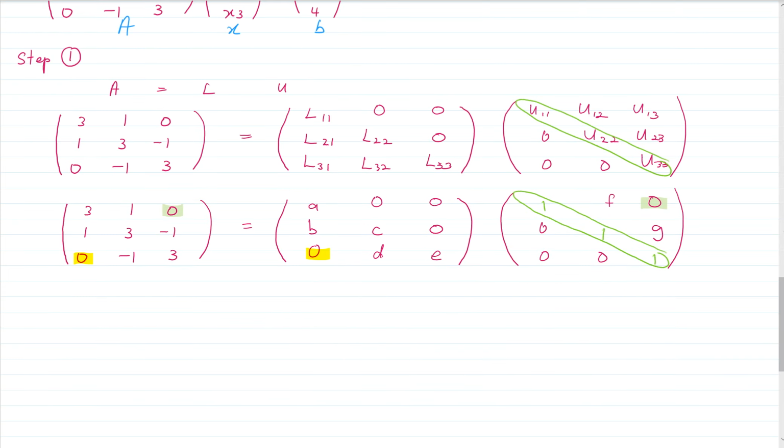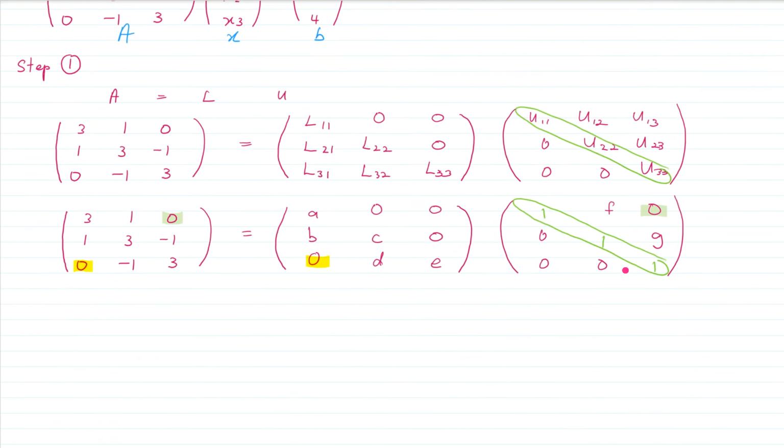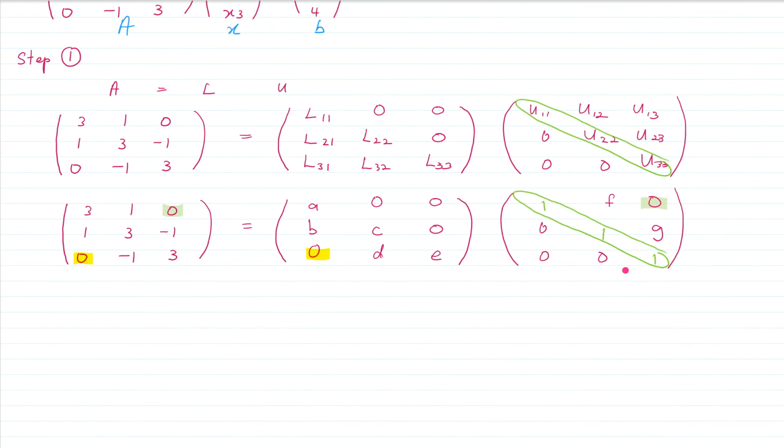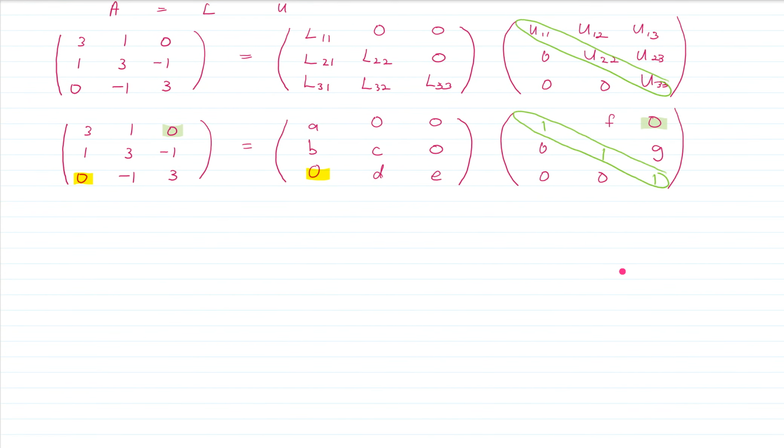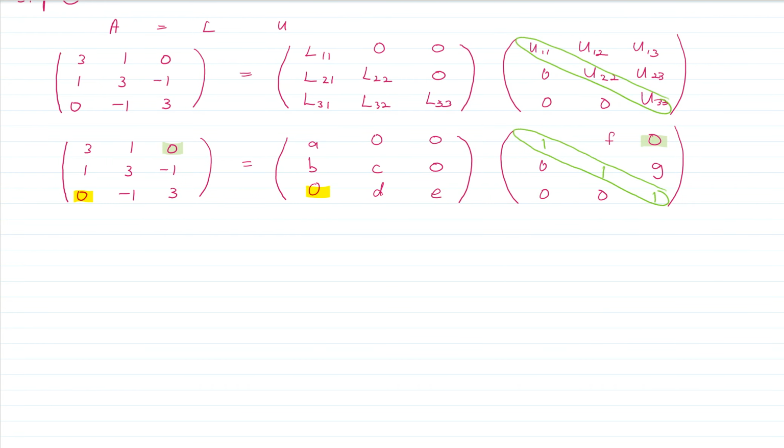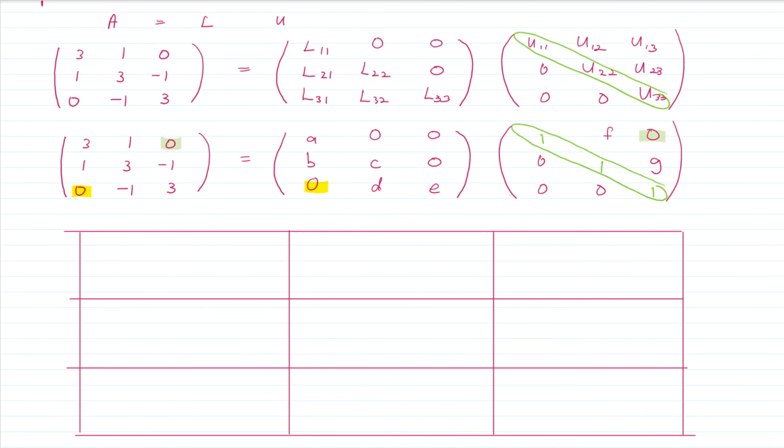Then we need to multiply the values of L and U to equal matrix A. To make it easier, we can prepare a table. Now we start multiplying the values of L and U.